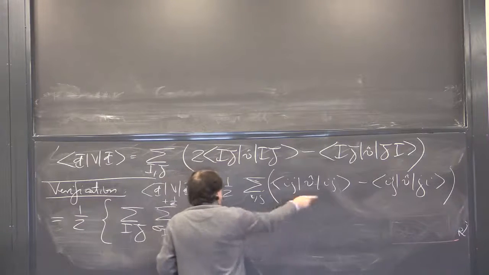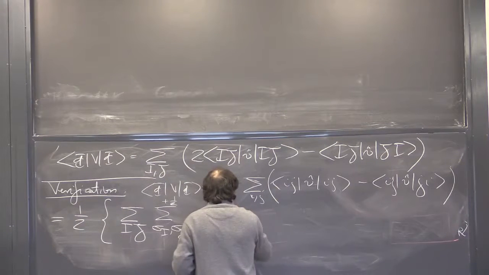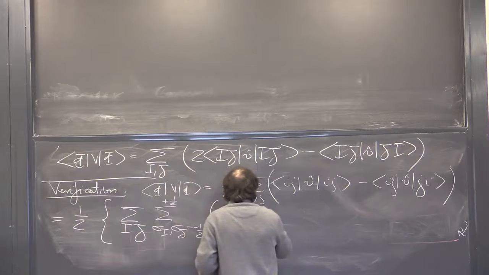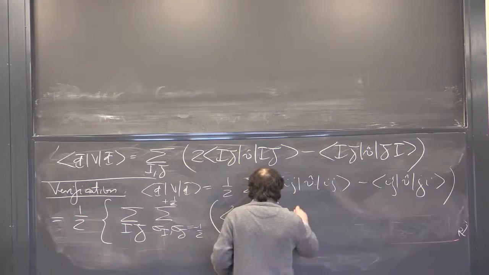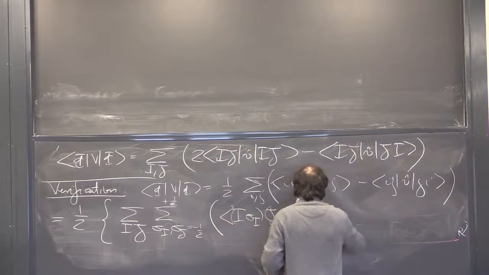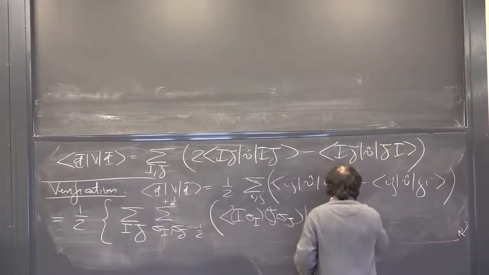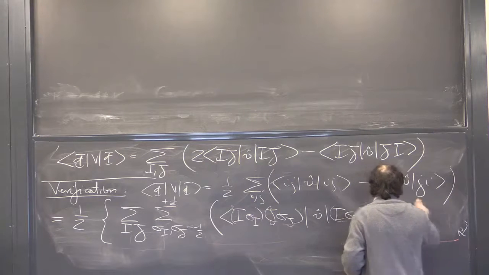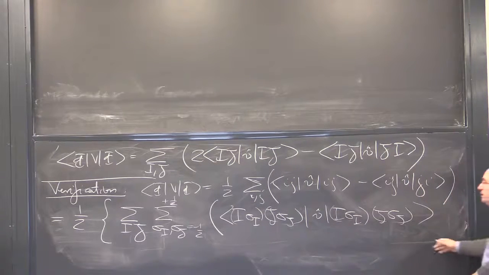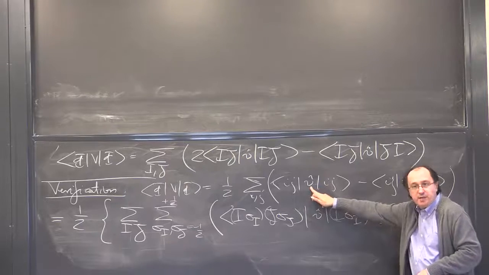And then from the first term, I would have a matrix element ⟨Iσ_I, jσ_j|v|Iσ_I, jσ_j⟩. Right? That would be the substitute for this matrix element, ij ij.